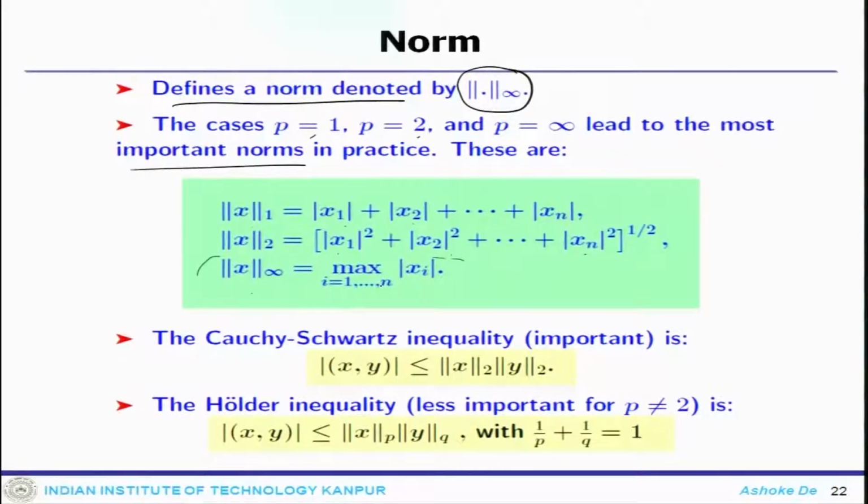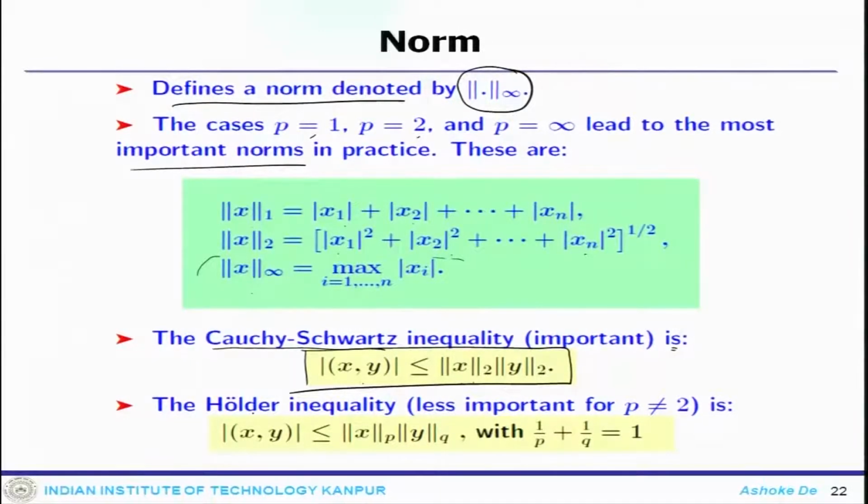Now, when you talk about the norm, immediately this brings in important information about the Cauchy-Schwarz inequality. One has to know this too. The property is that if you have two vectors x and y, with the L2 norm, the dot product or inner product of x and y must be less than or equal to the norm of x times the norm of y separately. So, this is another property of the inner product of these norms.